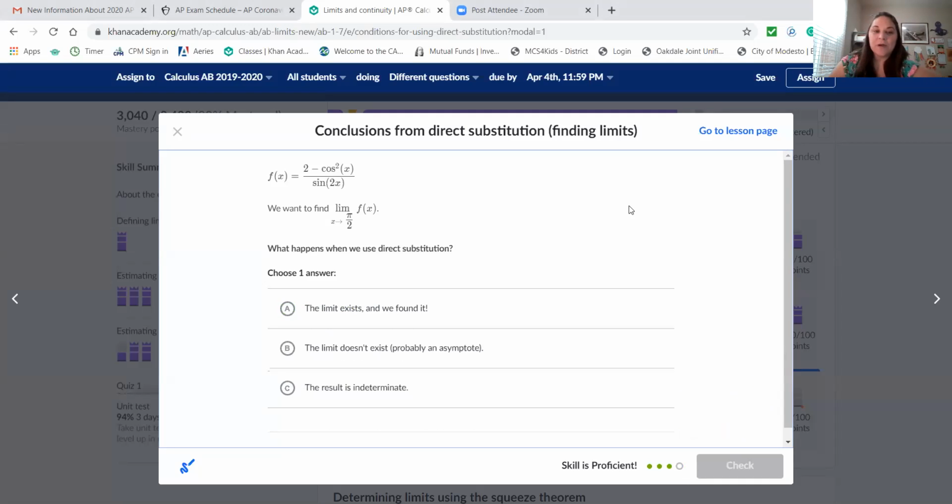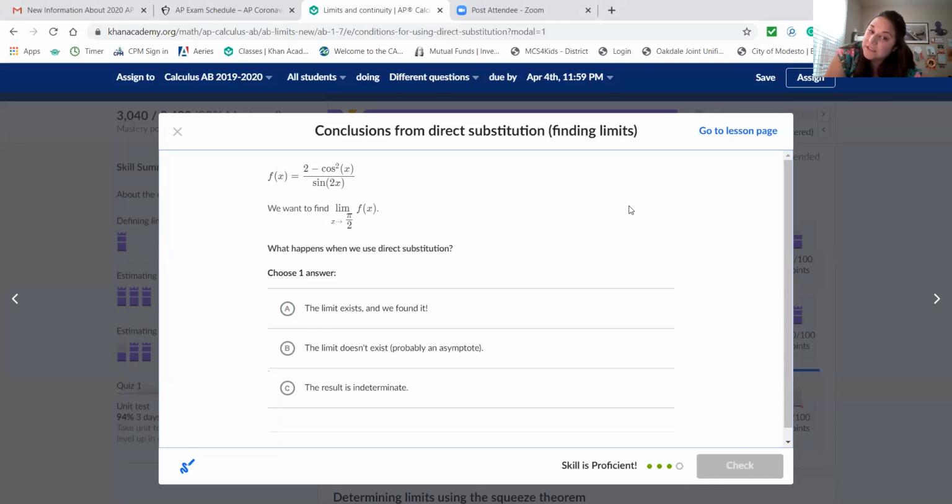Finally, subbing in pi halves isn't the worst, so hopefully we can talk through this without actually writing anything down. Cosine of pi halves is 0, right? So the numerator is 2. Sine of pi halves times 2, which is the sine of pi, which is 0, is going to give me a 0 in the denominator.